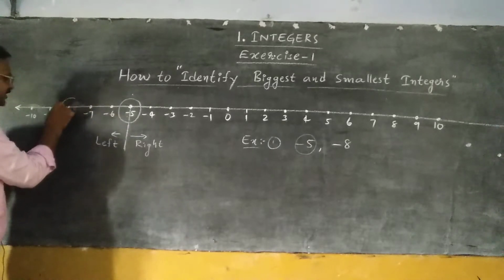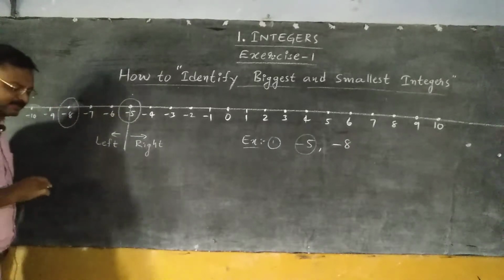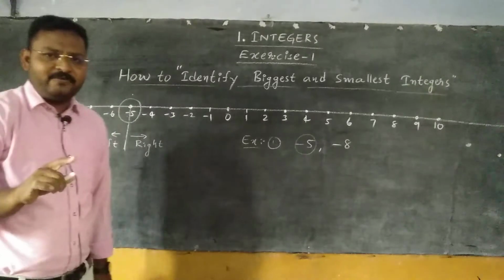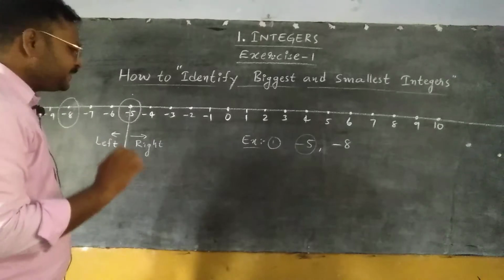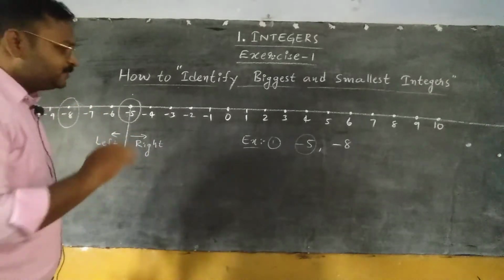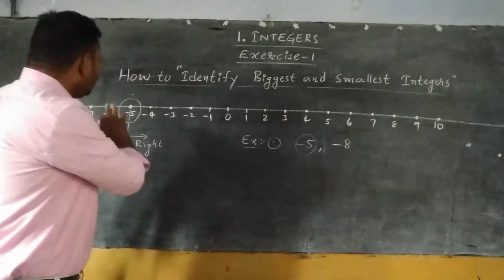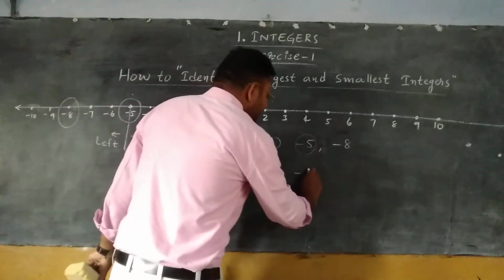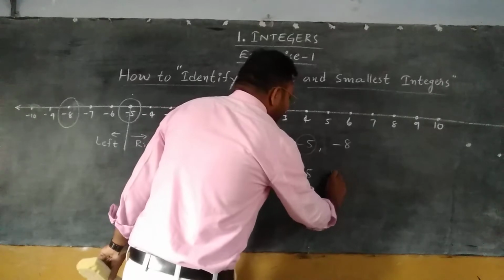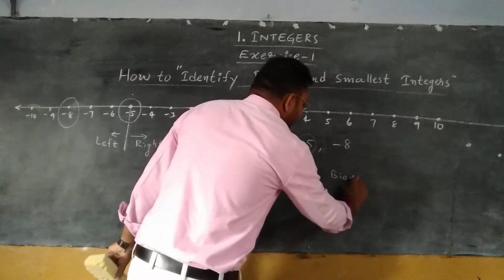In the question they asked for the two integers, minus 5 and minus 8. According to this number line, minus 5 is the greater number, that means the bigger number.